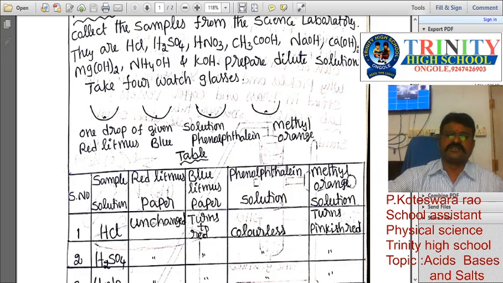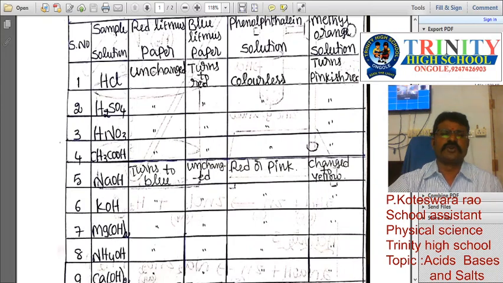Then we test with 4 indicators: red litmus paper, blue litmus paper, phenolphthalein solution and methyl orange solution. What about the changes? We already noted them down in the table. For HCl, red litmus is unchanged, blue litmus turns red, phenolphthalein is colorless, and methyl orange is pinkish red or red.